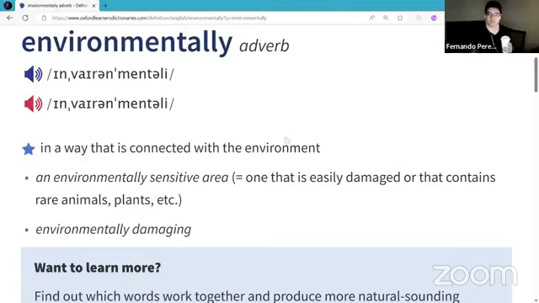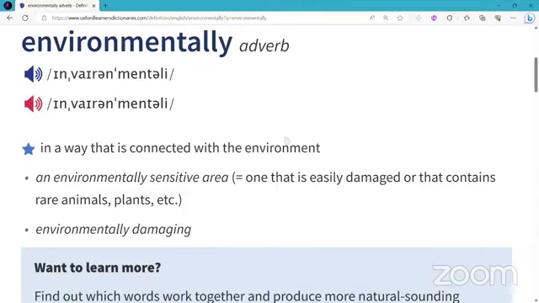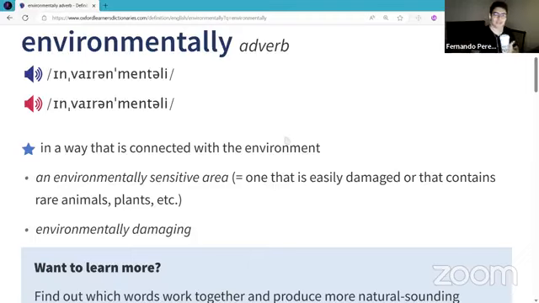For example, an environmentally sensitive area or environmentally damaging. What type of word do you have after environmentally in these examples?